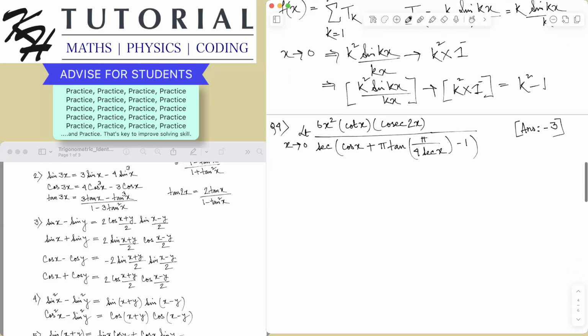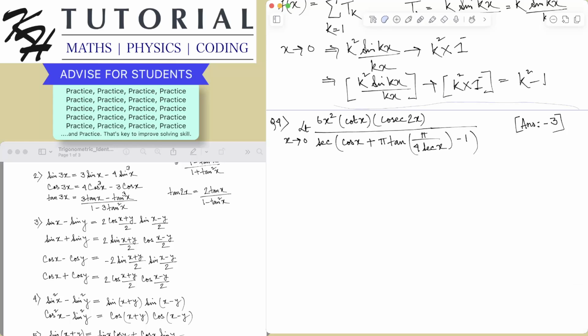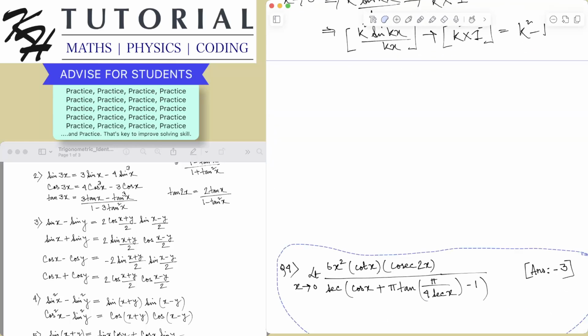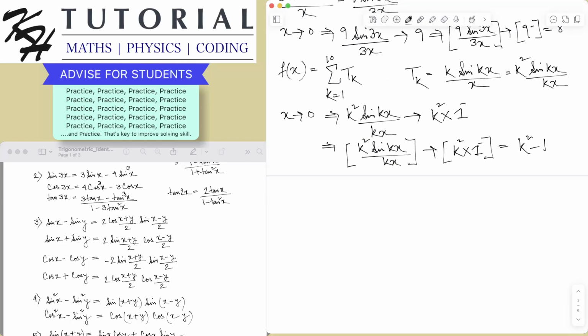So then what is f(x)? The limit of f(x) as x tends to 0 is becoming exactly equal to the summation of k square minus 1, where k is 1 to 10.